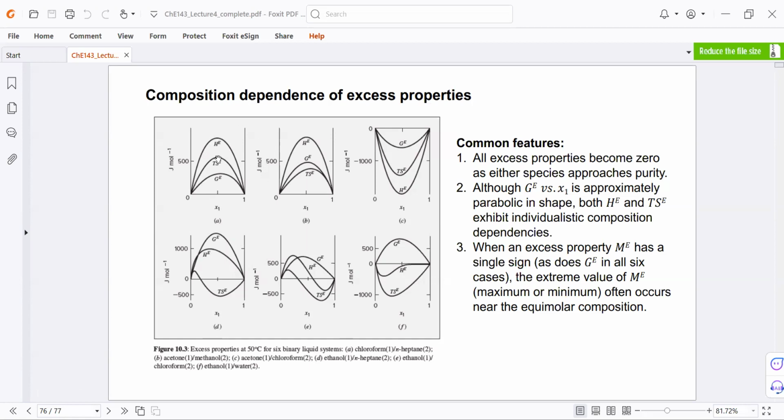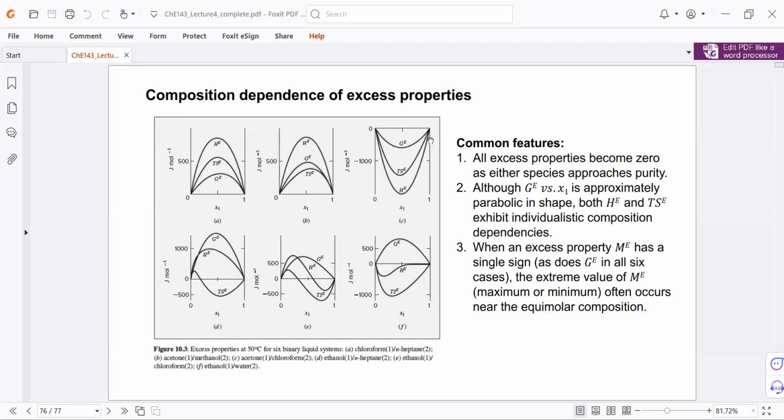We have chloroform and heptane, etc. The reason they presented different binary systems is to make some generalizations. Here we have the enthalpy, entropy, and Gibbs free energy excess graphs versus the composition x. What can we generalize or observe?